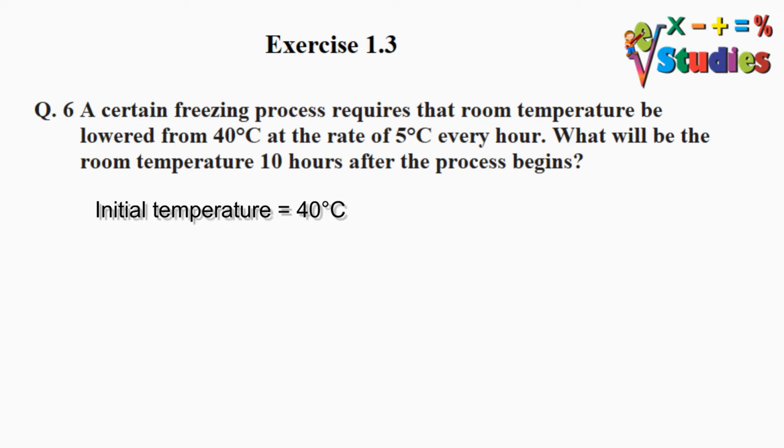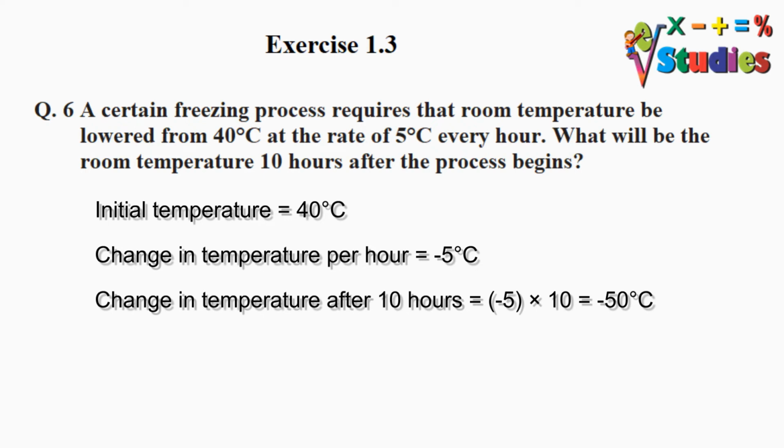So what we have here is the process requires the temperature to be reduced at the rate of 5 degrees Celsius every hour. So this 5 degrees Celsius reduction we will take as a negative integer, which is minus 5 degrees, and that to be reduced for 10 hours.